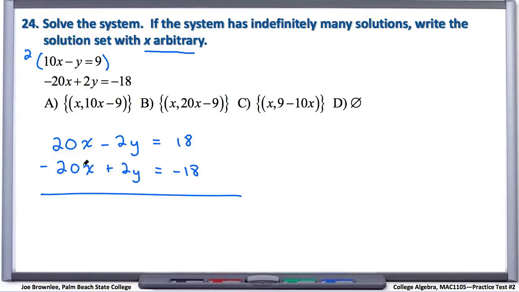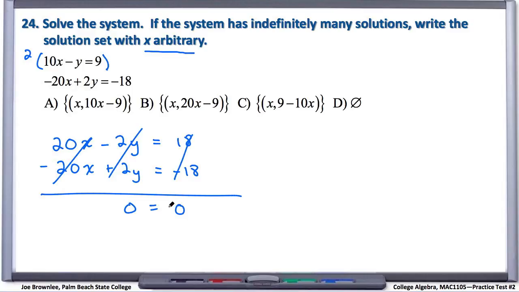We know we're going to add vertically. So 20x minus 20x goes away. Negative 2y plus 2y goes away. And so on the left-hand side, notice everything eliminated, so we have 0. And on the right-hand side, 18 minus 18 is also 0. So notice we get 0 equals 0.